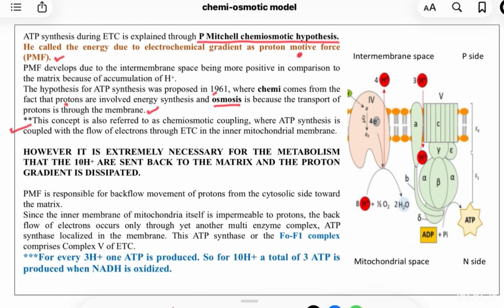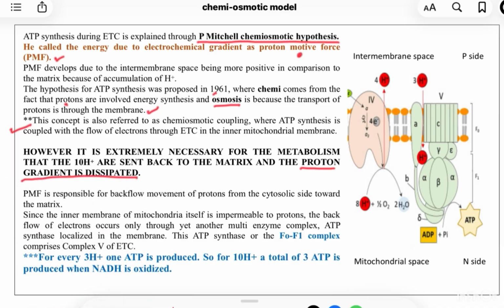It is extremely important to remember that the membrane cannot be left with this charge difference. Thus, the 10 protons which have been pushed to the positive side while electrons pass through the 4 complexes must be transported back. The proton gradient therefore should be dissipated.